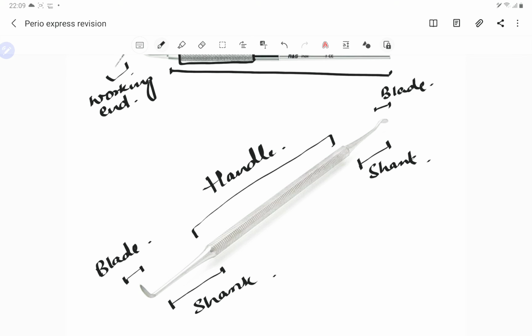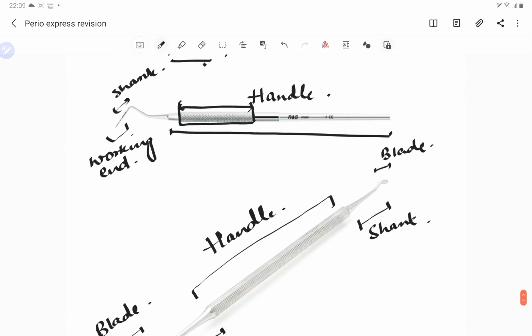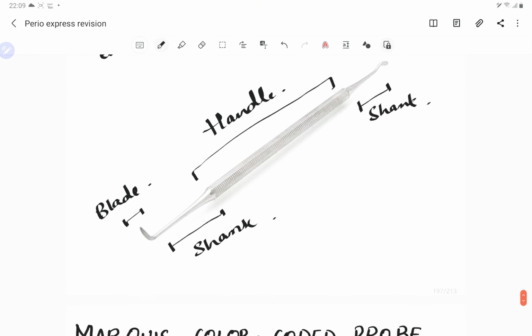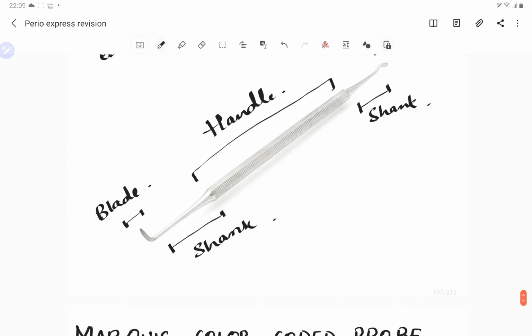So if there is a long shank which is flexible, if the shank is long guys, what will happen? We know that the more the length, the more is the flexibility. So if the shank length is increased, that means the instrument is more flexible.